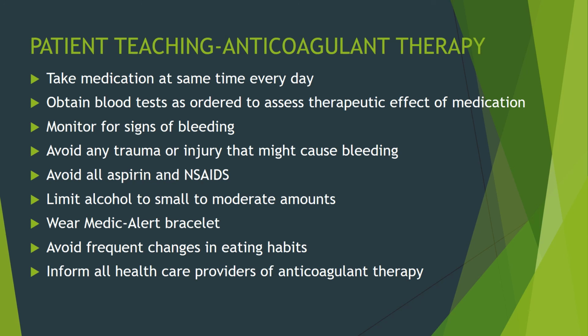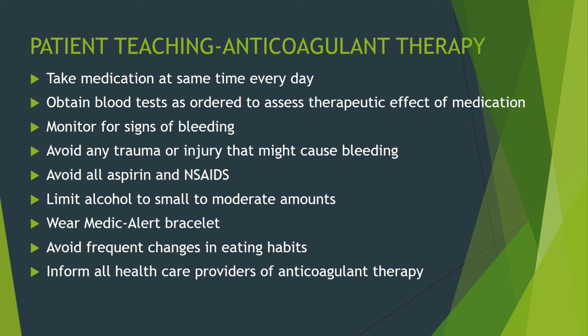They should only drink small to moderate amounts of alcohol. They should definitely have a medical alert bracelet that informs people that they are on anticoagulant therapy. Rather than telling them to eat a certain item that has a lot of vitamin K or doesn't have a lot of vitamin K, they should maintain a steady diet and not add or subtract anything and keep it pretty consistent.